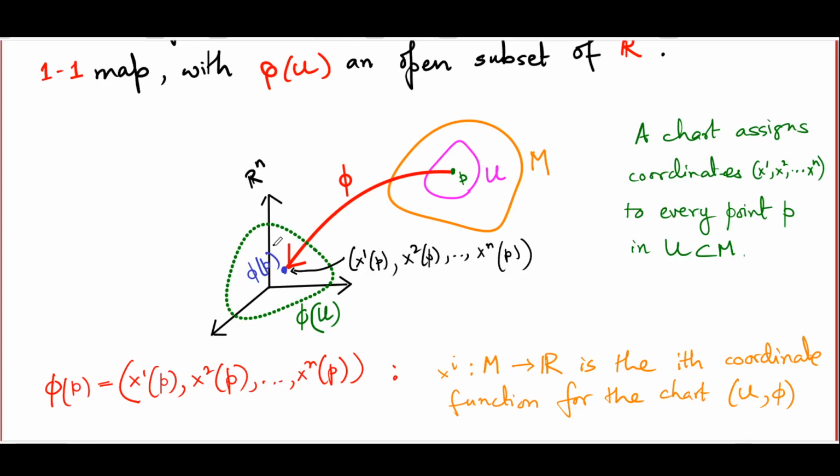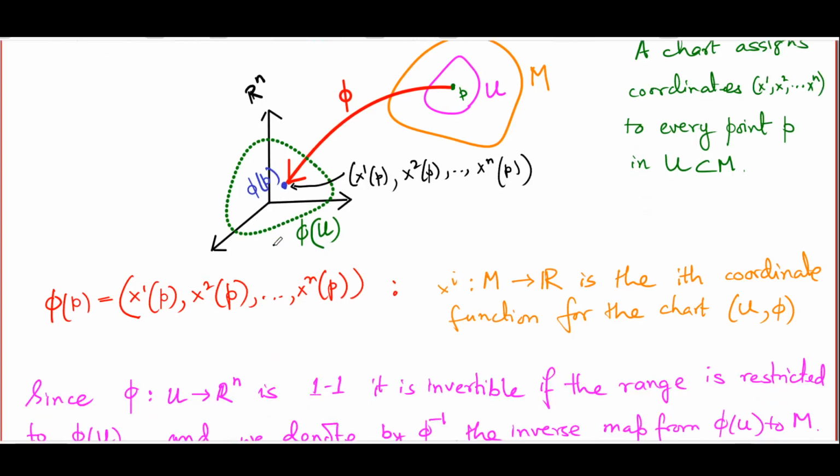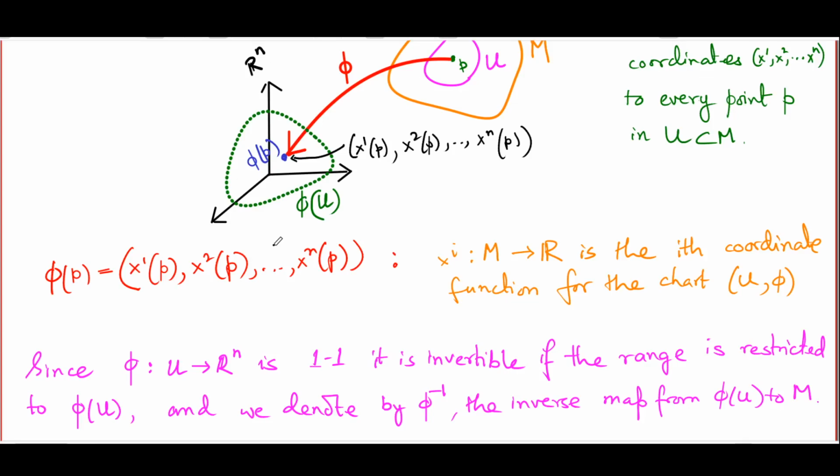Since phi is a one-to-one map, it becomes invertible if we were to restrict the domain from all of Rn to just phi of U. And in that sense, we can find a map phi inverse which maps phi of U into M. And what this means is, if you give me a bunch of numbers, coordinates of a point in phi of U, that bunch of n numbers will actually correspond to a unique point P in U. In other words, not only do points have unique coordinates, coordinates are connected to a unique point, at least as long as you are sticking to a given coordinate system.